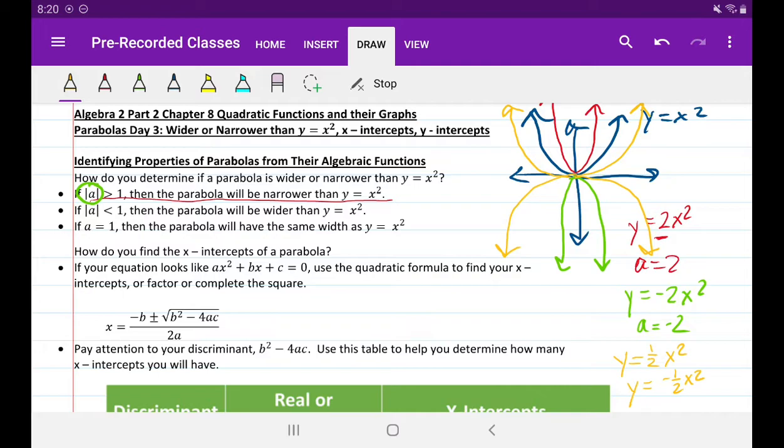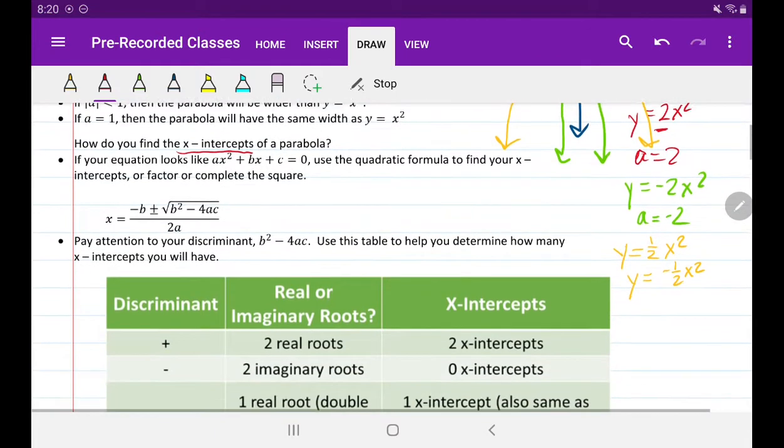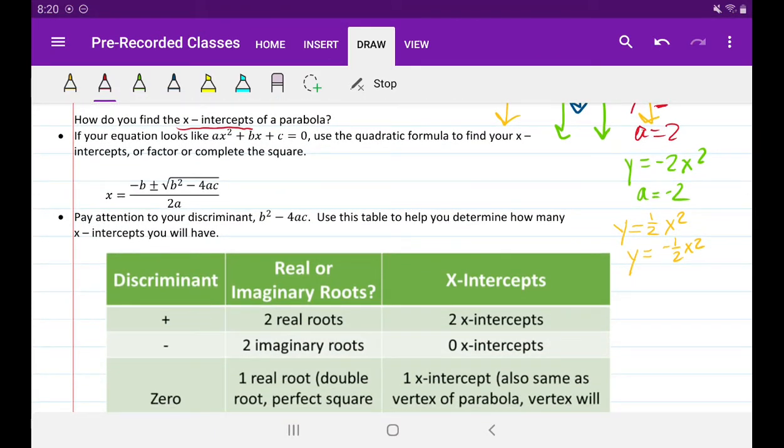The next thing we want to talk about is, how do you find the x-intercepts of a parabola? This is probably the most challenging part of dealing with parabolas, and maybe involves the most algebra in some cases, not all cases. In some cases, they're really easy to figure out, and in some cases, you have to do a little more work.